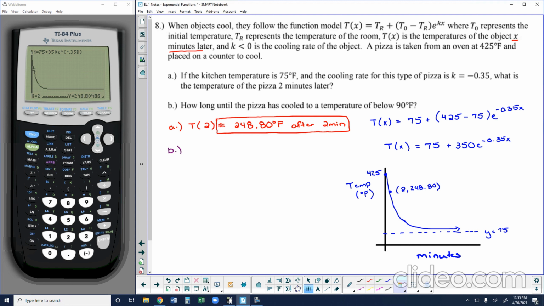Part B says how long until the pizza has cooled to a temperature of less than 90 degrees. So what we would want is T of x to be less than 90 degrees Fahrenheit.